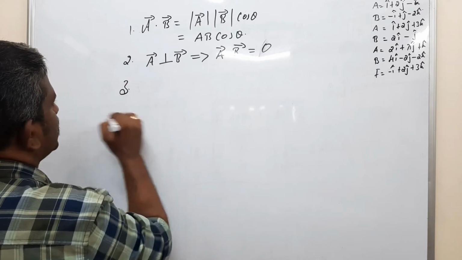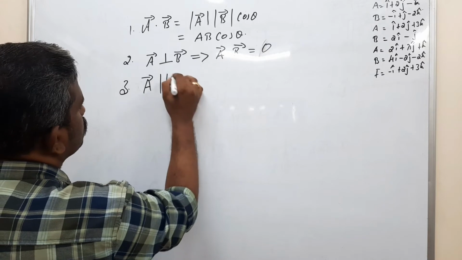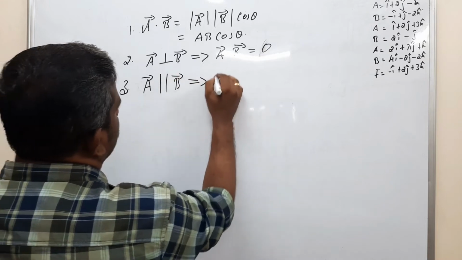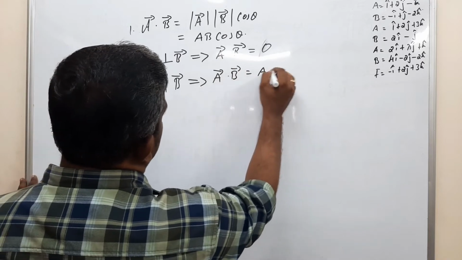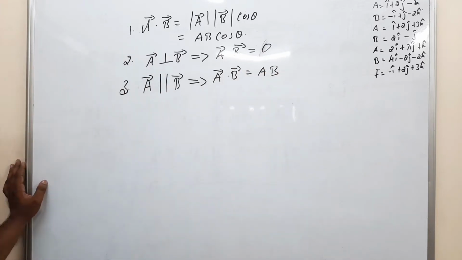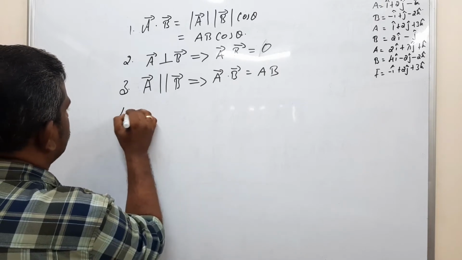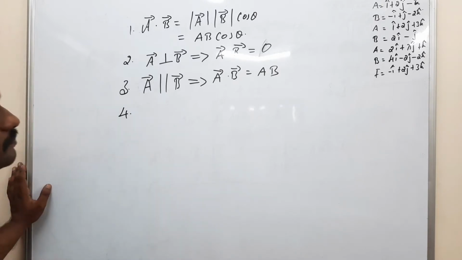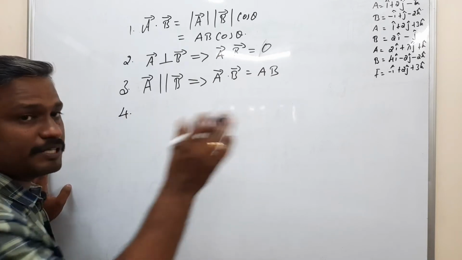Suppose the two vectors are parallel, that is A vector is parallel to B vector, then the dot product A vector dot B vector is equal to AB. Then the fourth thing: what is the angle between the two vectors?